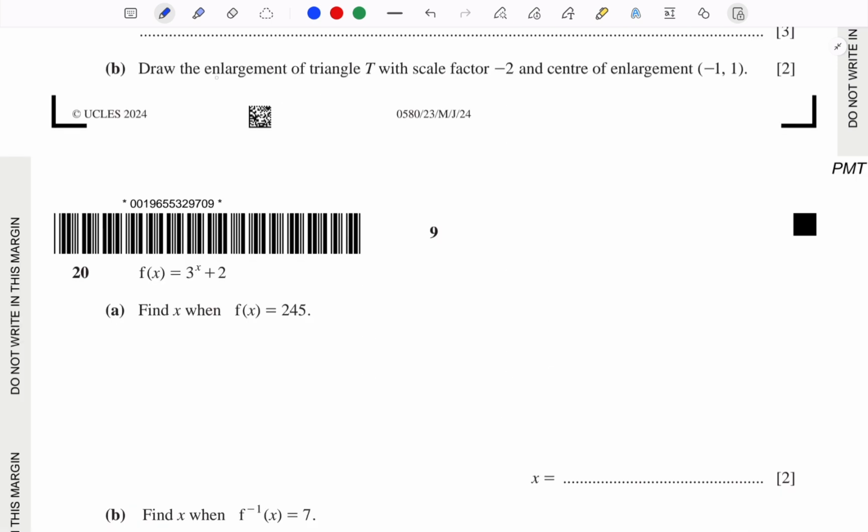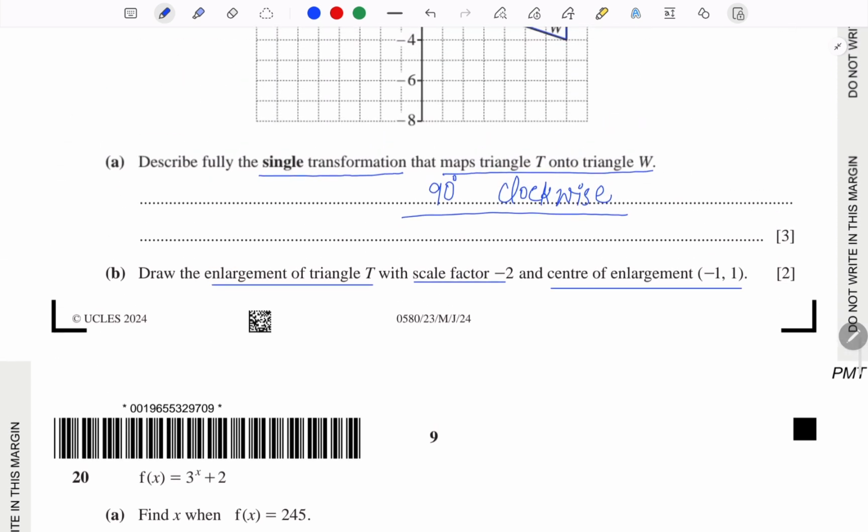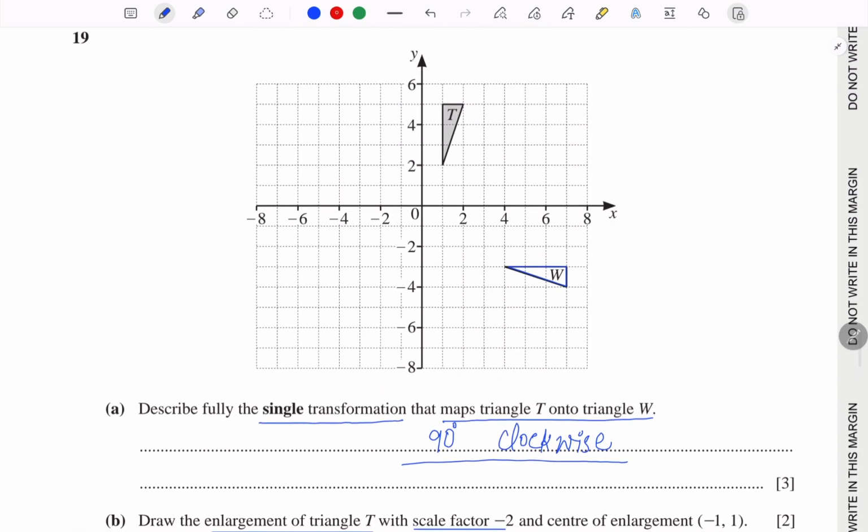The next part is, draw the enlargement of triangle T with scale factor -2 and the center of enlargement at (-1, 1). So our scale will be -2 and the center will be (-1, 1).